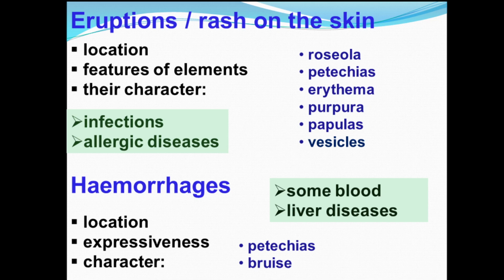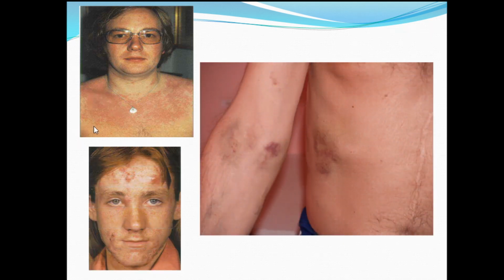I'll draw your attention first of all to therapeutic pathology, because our course is basic knowledge of first of all therapeutic pathology. You see patients with erythema, which may be allergic diseases. You can see papules in patients with some infectious diseases of the skin and growths on the body, which may be a result of some blood diseases.